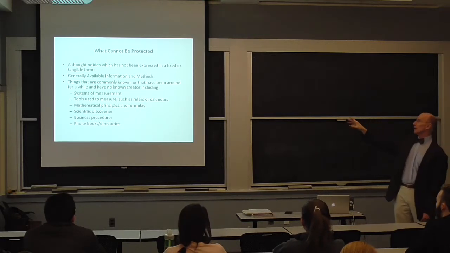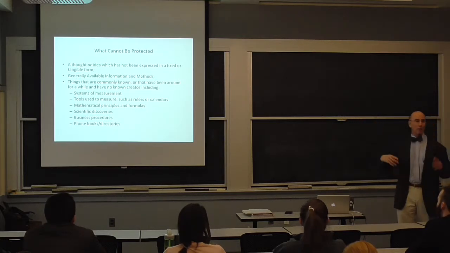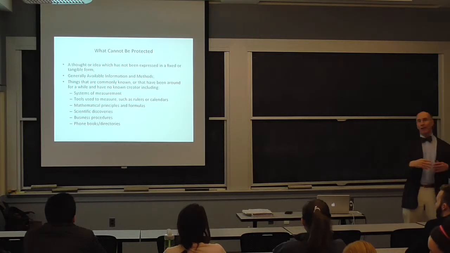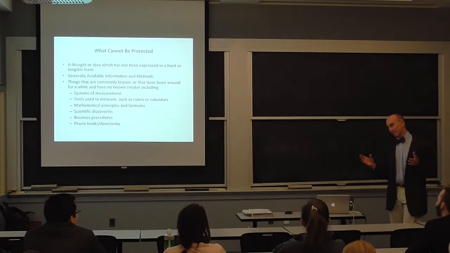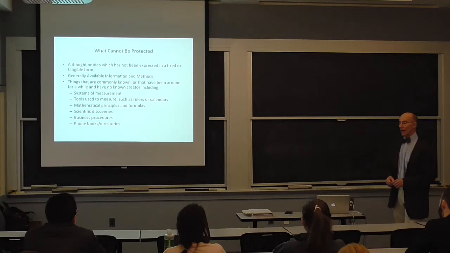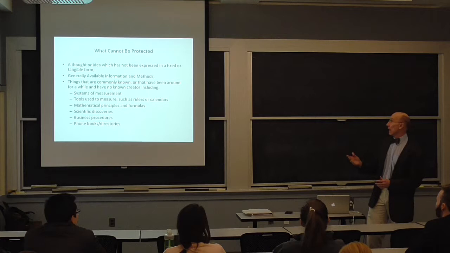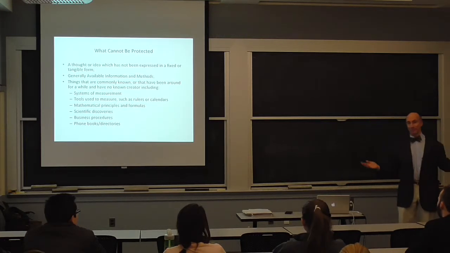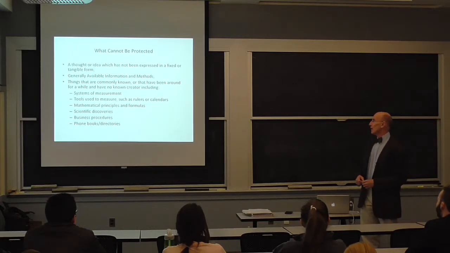What else can't be protected are generally available information and methods, things that are commonly known or that have been around for so long nobody knows where they came from. Systems of measurement. You can't patent a ruler. It's not patentable. Tools used to measure, such as rulers and calendars. Mathematical principles and formulas. We're talking about derivatives, not patentable, not copyrightable.